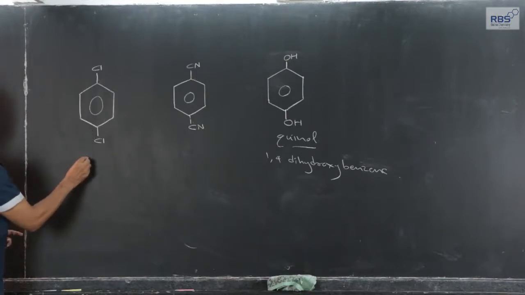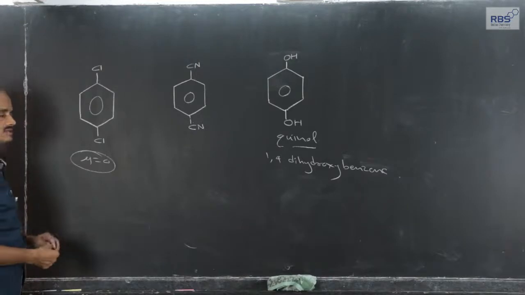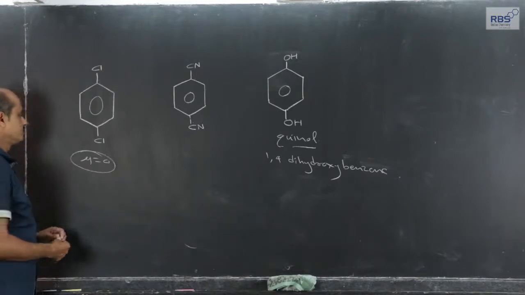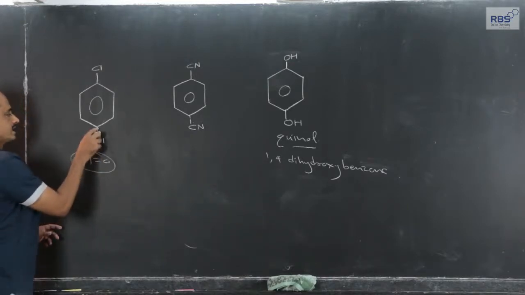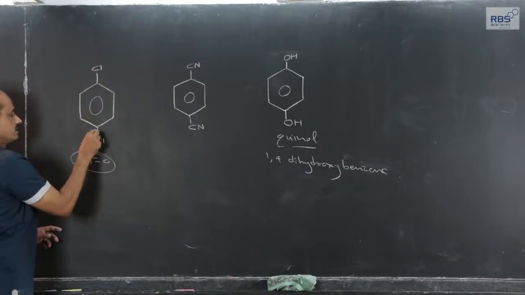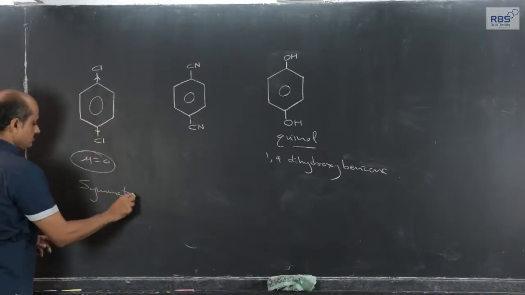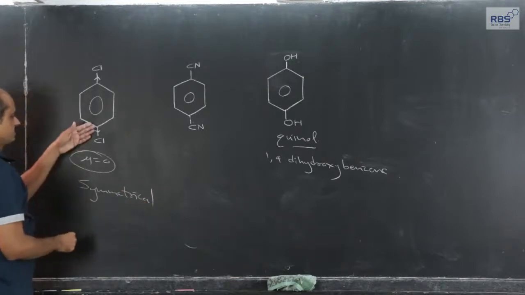Here the dipole moment will be 0. Let me tell you in advance. The reason is very simple. Chlorine is more electronegative than carbon, the slight shifting, and it is symmetrical.